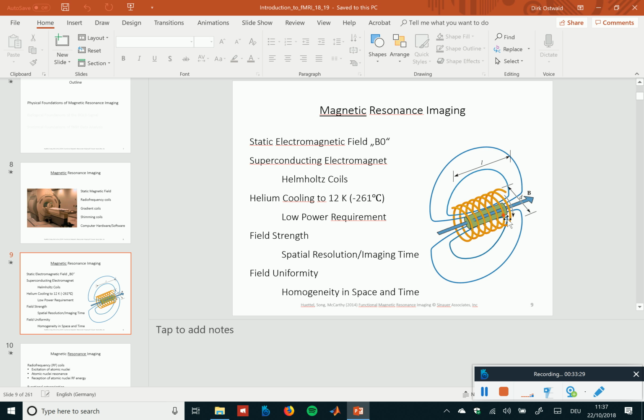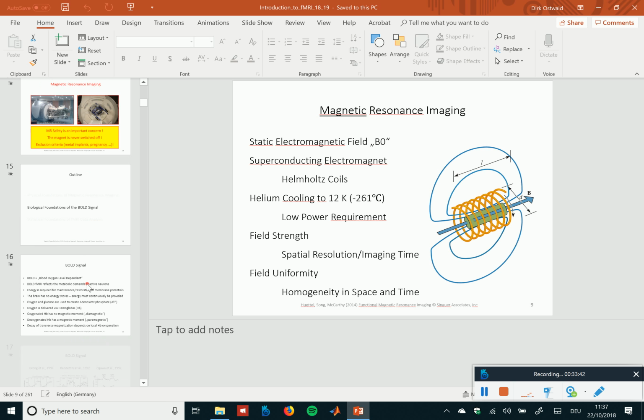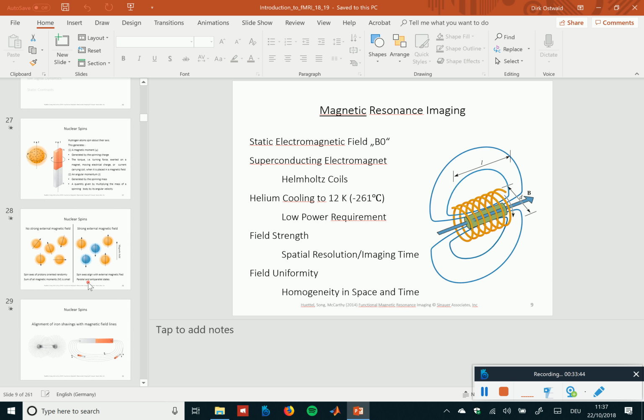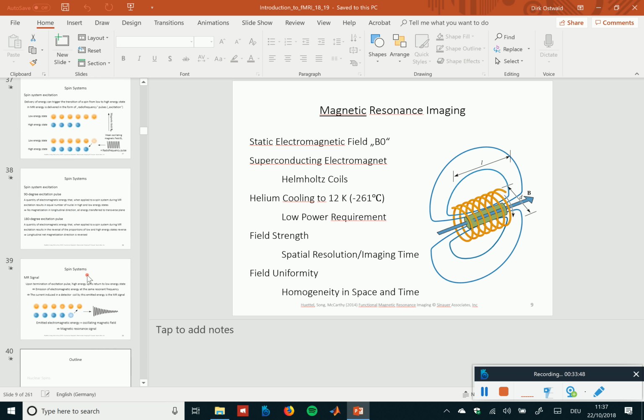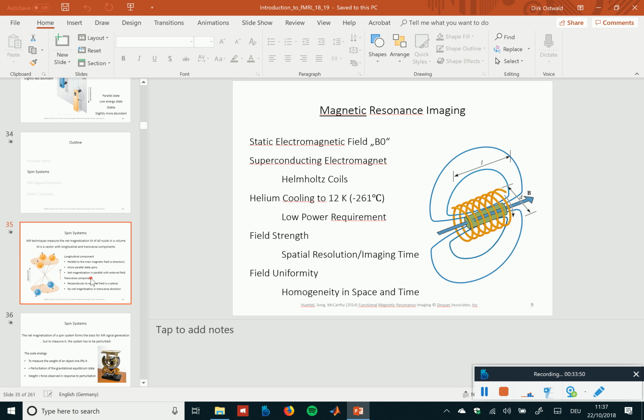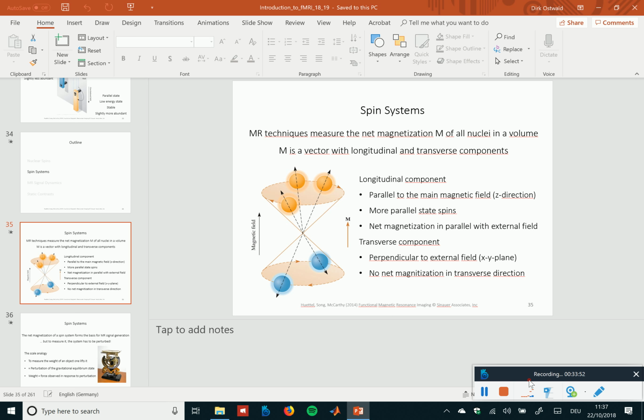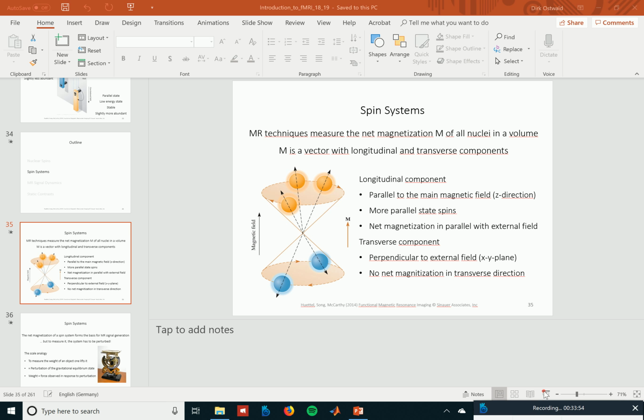Of course one could do it differently, but this is convention in MR imaging and also fMRI and so on. It's always this, that is the z direction, and this is also called the longitudinal direction. So these are essentially terms that you need to become familiar with, so that when somebody says longitudinal component, you know that this is kind of the z direction.